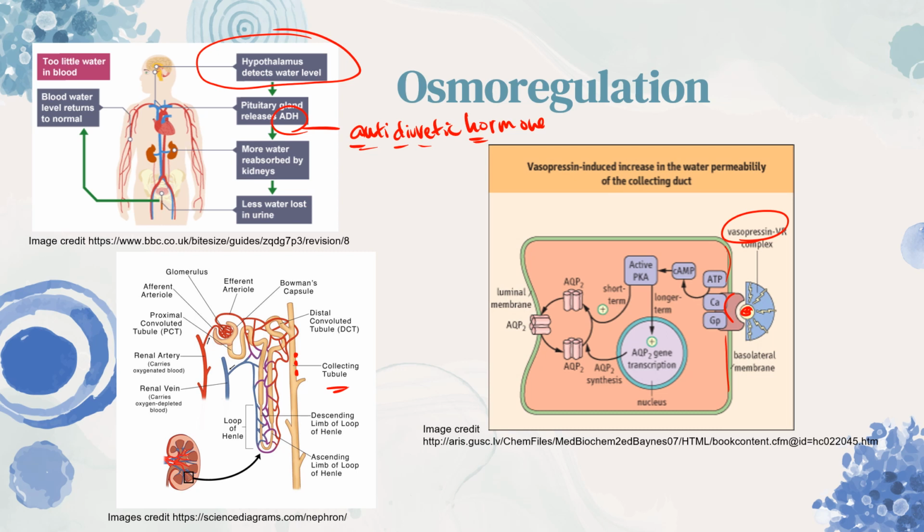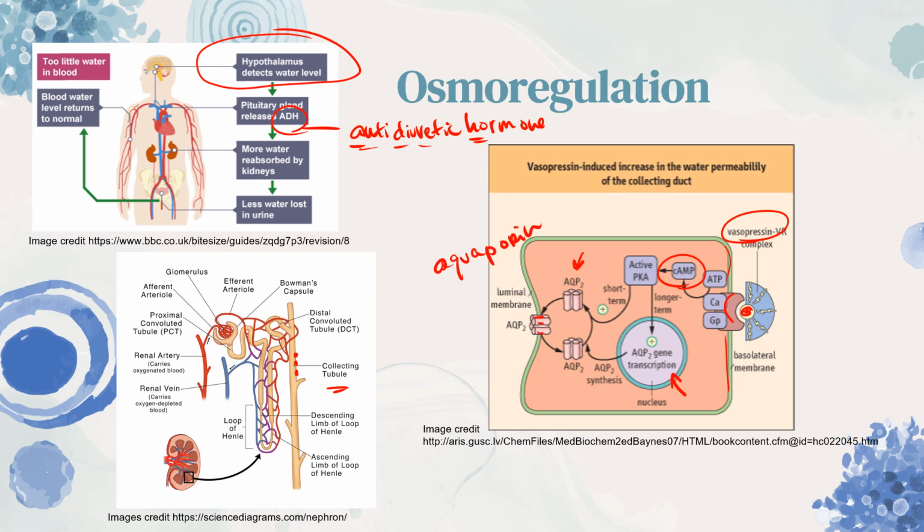We're just going to call it ADH. So ADH, vasopressin, is going to bind to the receptor. That's going to set off a signal transduction pathway. We're going to have this beautiful secondary messenger, cyclic AMP. We are going to transcribe the gene that is going to then end up with the translation of a protein that is called aquaporin.